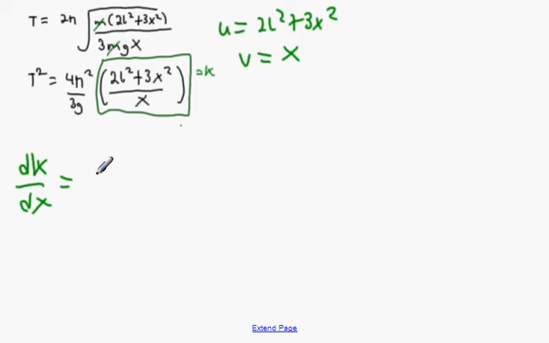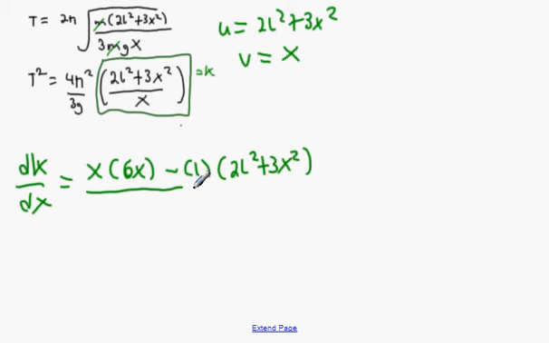So v times du/dx, x multiplied by 6x, minus u times dv/dx. The dv/dx is 1, and the du/dx is 6x. Oh wait, I wasn't meant to do the du/dx there, I just want to keep it as 2l squared plus 3x squared, u. And then all on the bottom, we're going to have x squared.